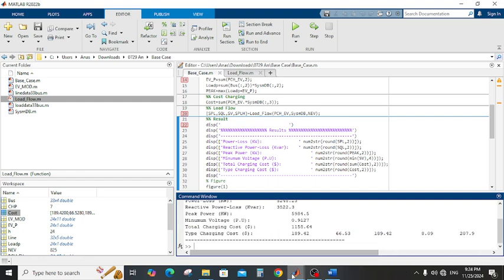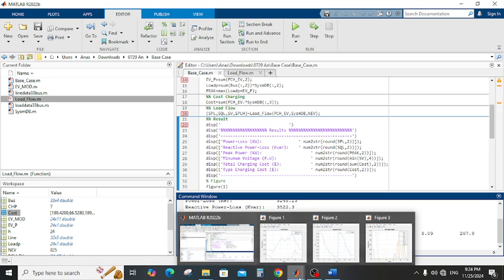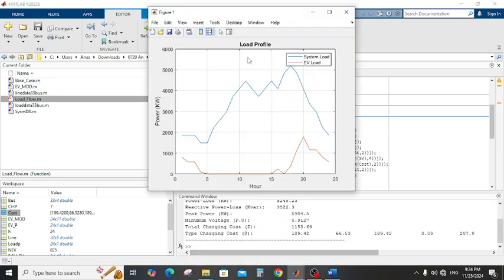And this is the printed result, and we also have a graph: the load profile, sorry, the system load, how it behaves. This is the behavior, and this is the peak load, and the charging peak near the peak.